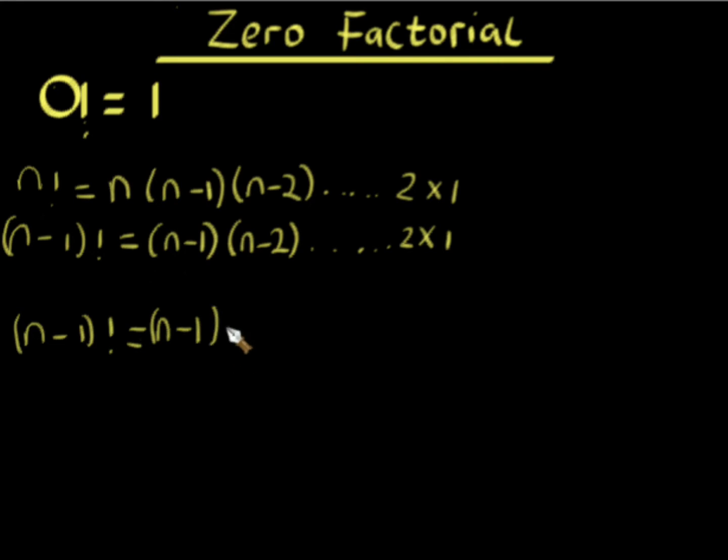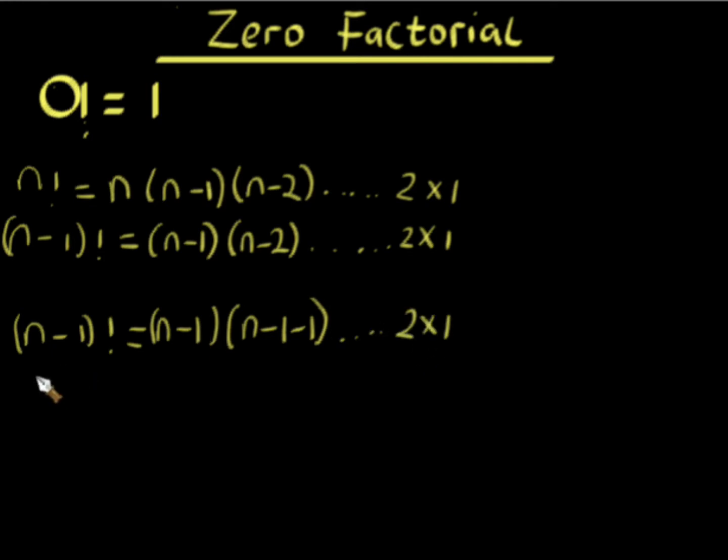Then we begin to subtract increasing values from n minus 1, right? Here, for the general formula, we subtracted increasing values from n. So we subtract increasing values from that particular value. So here we have n minus 1 minus 1, and you keep on doing that till you get to 2 times 1.